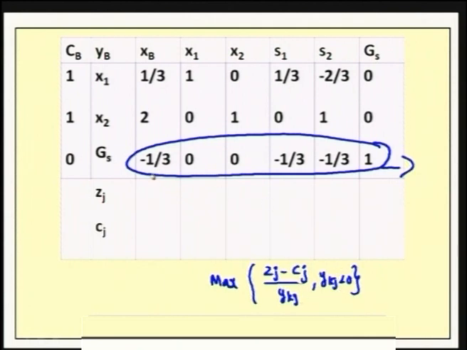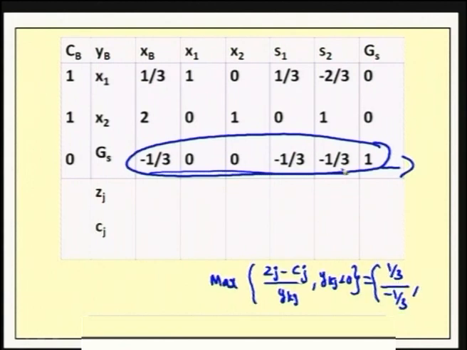Now, in this row, the ykj which is negative is minus 1 by 3, minus 1 by 3. Therefore, for S1, our zj minus cj value is 1 by 3, so 1 by 3 by minus 1 by 3.